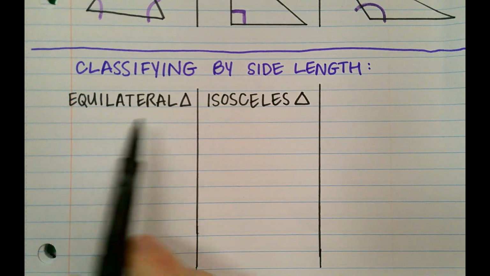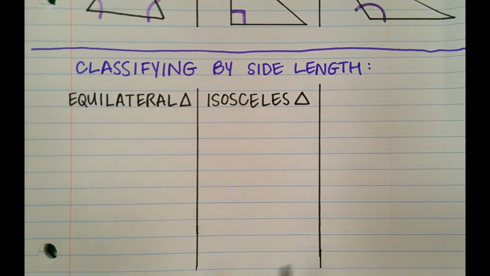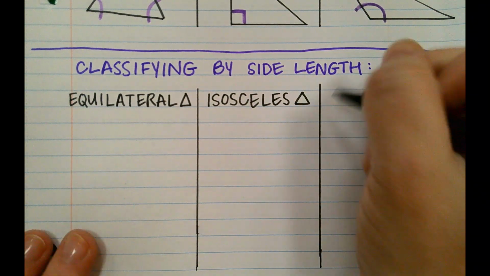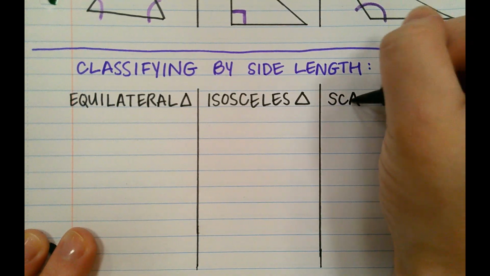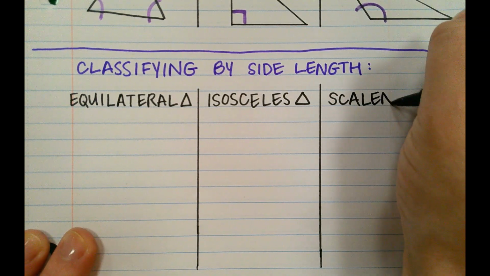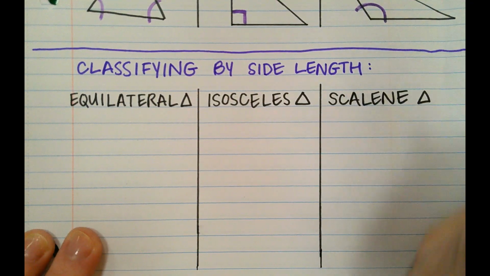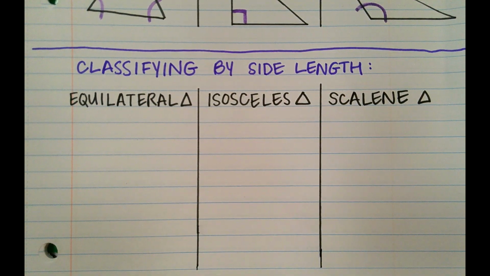We have equilateral triangle, isosceles triangle, and last but not least, we have scalene. It's like learning a new language. Lots of fancy words. Equilateral, isosceles, and scalene.